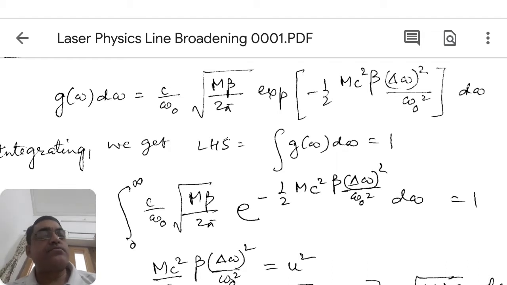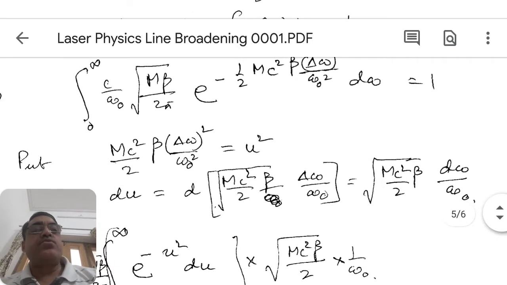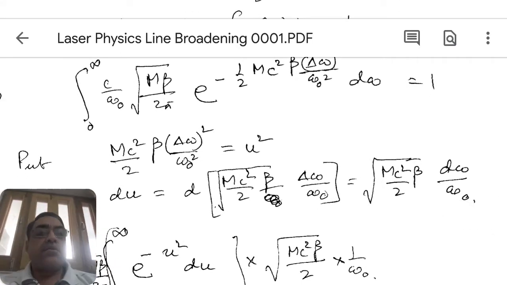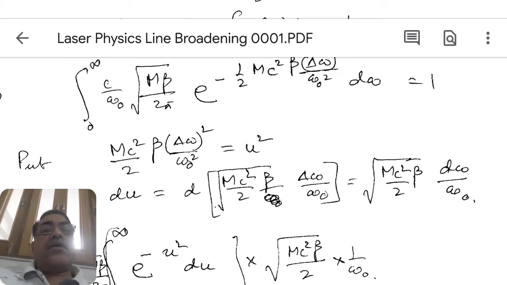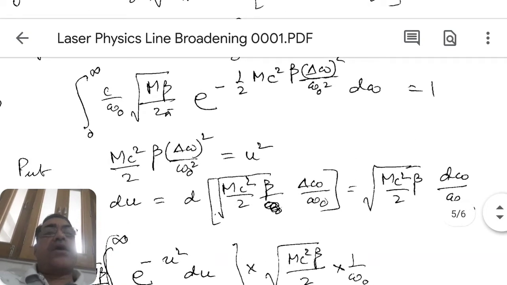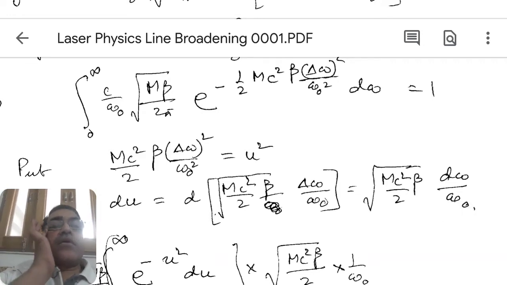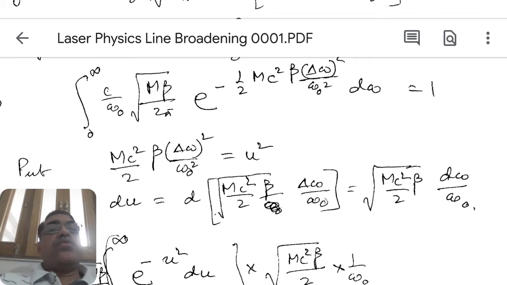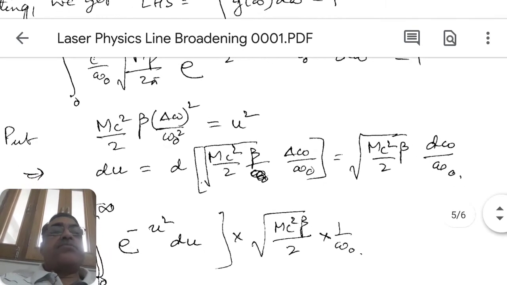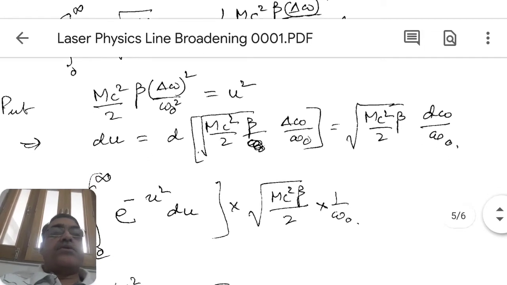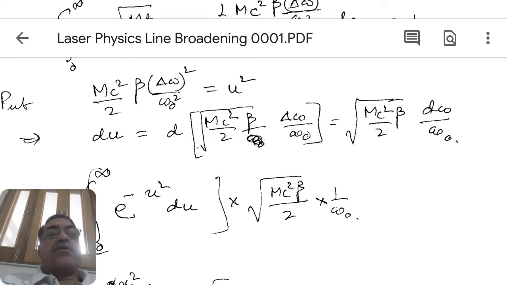is equal to 1. And here we use a very common integral, and for that we substitute the exponential factor equal to u square. This is worked out and shared with this link.